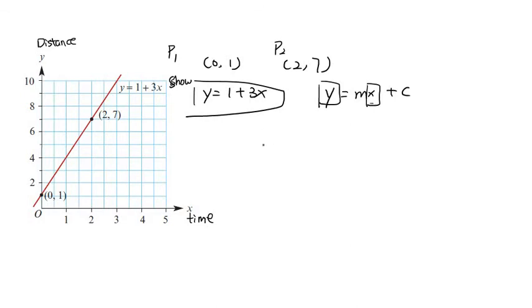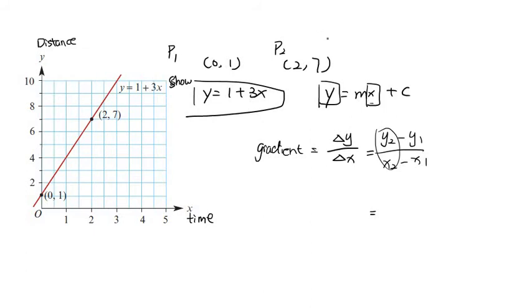To find the gradient, we use the equation: gradient equals the change in y coordinate divided by the change in x coordinate. The change in y is y2 take away y1, and the change in x is x2 take away x1. y2 and x2 are from the second point, point 2. y1 and x1 are from the first point, point 1.